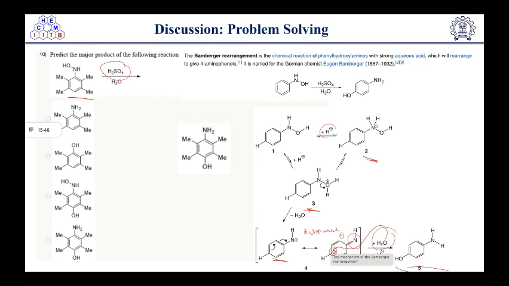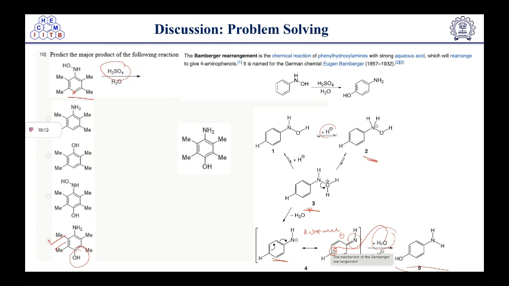Because the ortho position is occupied here, only the para product, a single product, we will get. So the correct answer is option number 4, because at the para position we have alcohol, right? So from hydroxylamine to aminophenol, here we are getting.